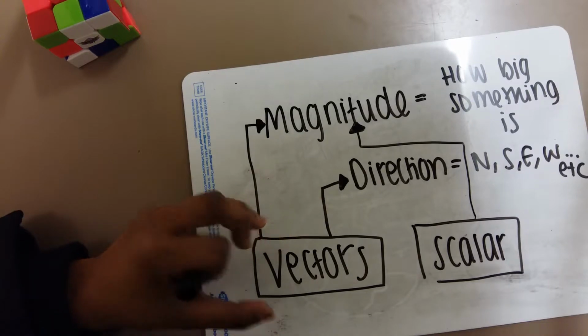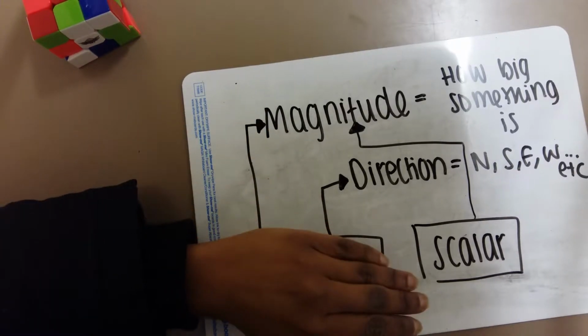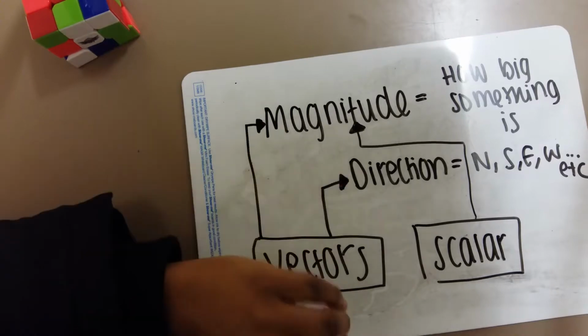So vector quantities have magnitude and direction, while scalars only have magnitude. They don't have the direction implied.